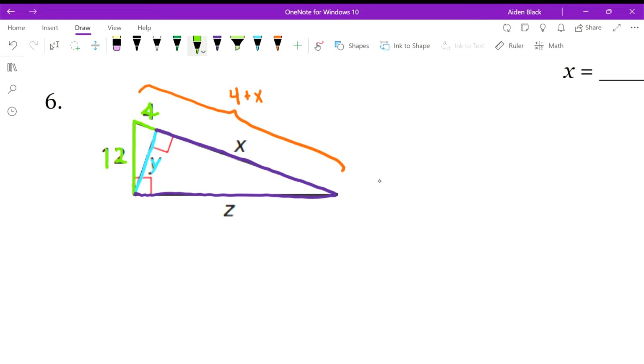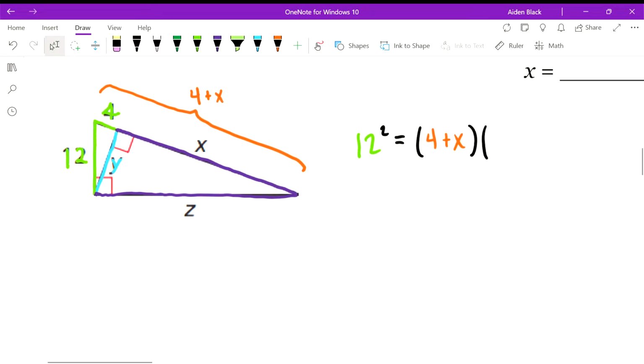So here, the leg squared is equal to, remember, the whole hypotenuse, which in this case is 4 plus x, times the part of the hypotenuse adjacent to that leg, which in this case is 4.